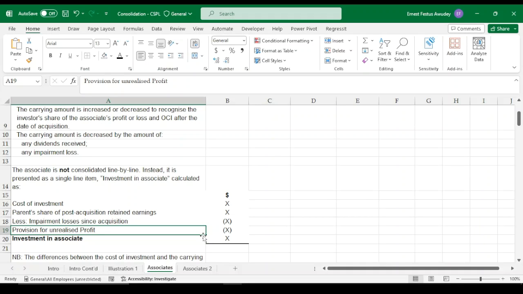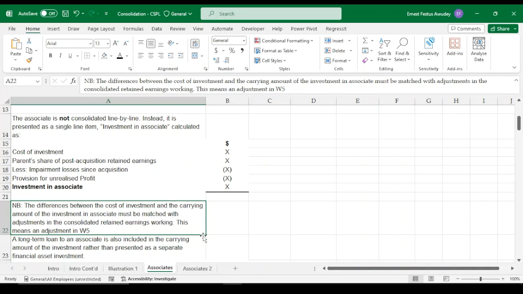So that is what we have. And then also you can even adjust for dividends received from the associate. All right, the dividend received from the associate is also adjusted in this particular equity method of accounting schedule we have here. Now, there are some notes here you should have at your fingertips.